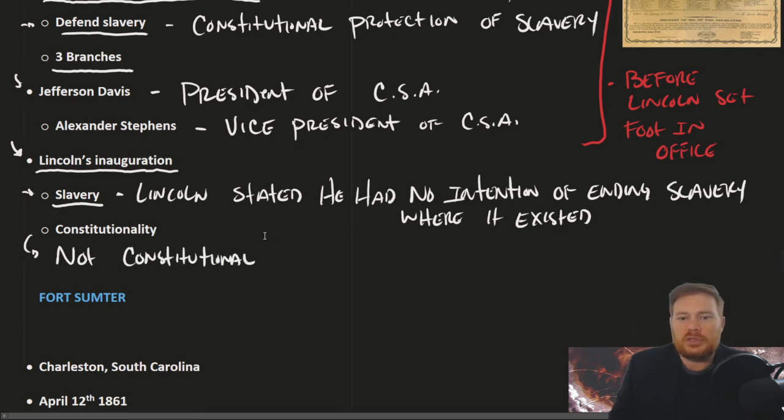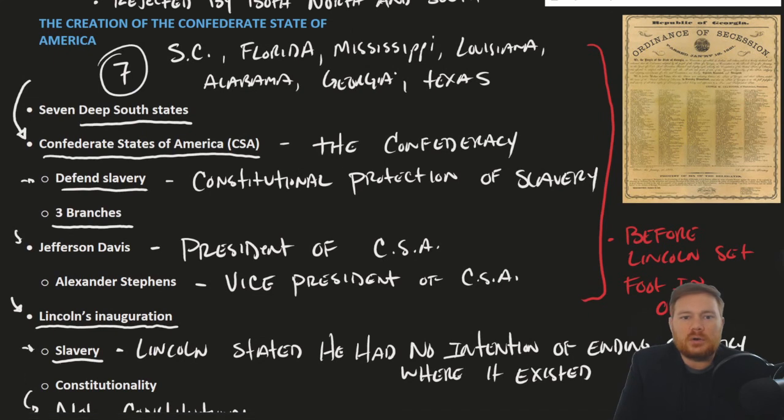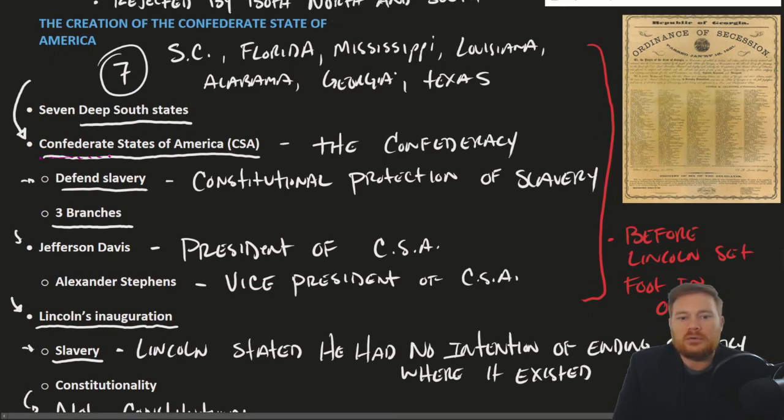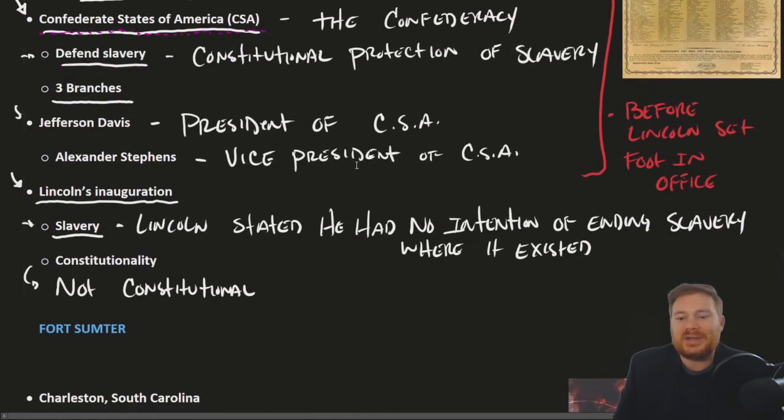So, the Confederate States of America, or the CSA, although people in the South and supporters of the Confederacy would claim that they broke away from the United States, Lincoln never officially recognized that, never recognized the CSA as a separate entity.